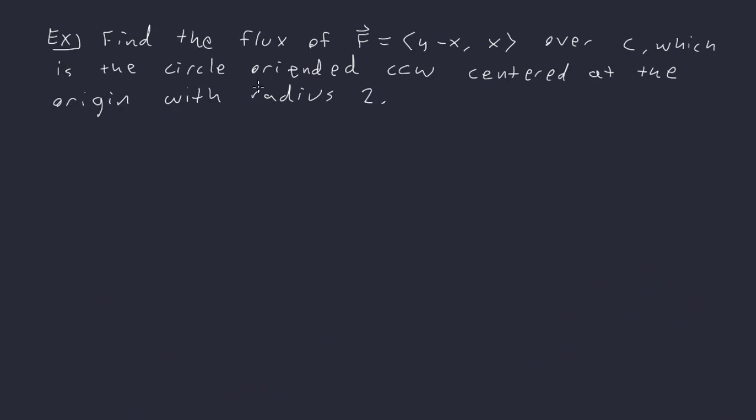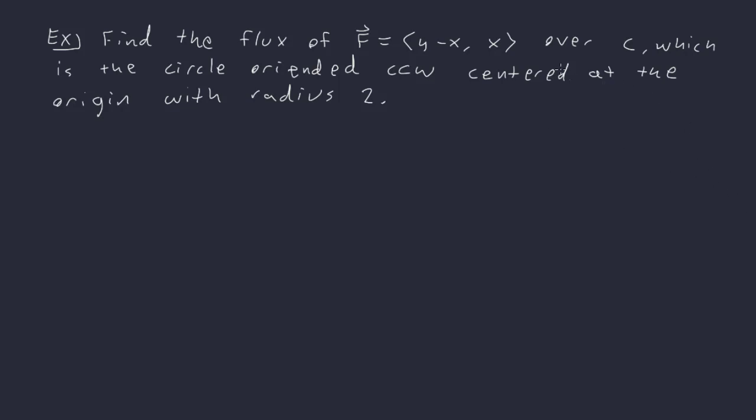Okay, so for example, let's find the flux of F = ⟨y − x, x⟩ over C, where C is the circle oriented counterclockwise, centered at the origin with radius 2.